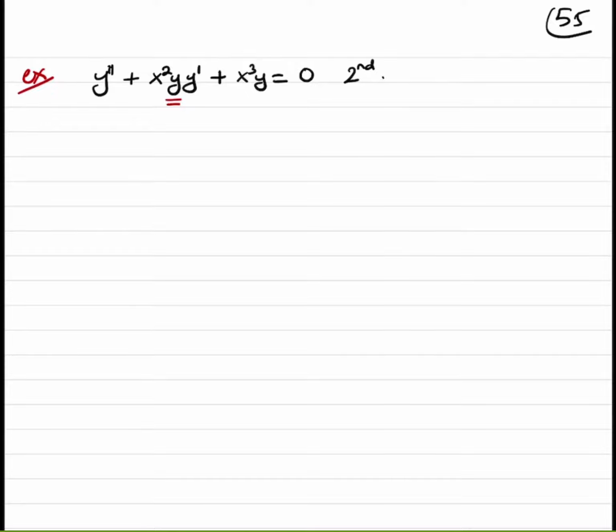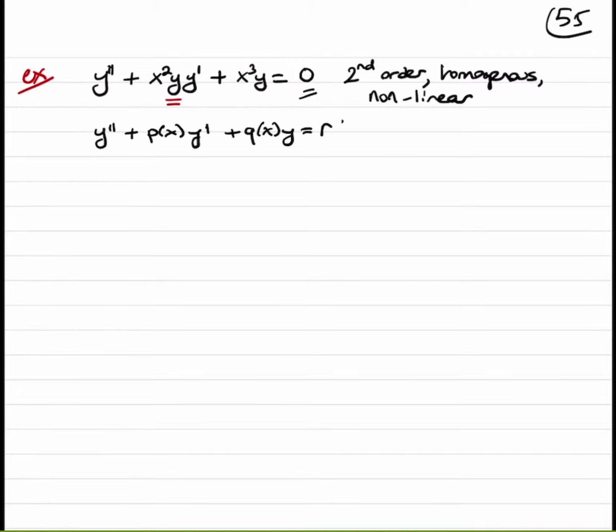This is second order, and it is homogeneous because it is equal to 0, but it is nonlinear. We want y double prime plus p of x y prime plus q of x y is equal to r of x. So this is linear, you see, the coefficients only depend on x. I want to emphasize this. Because of this y term, it is not a function of x only, so it is nonlinear.